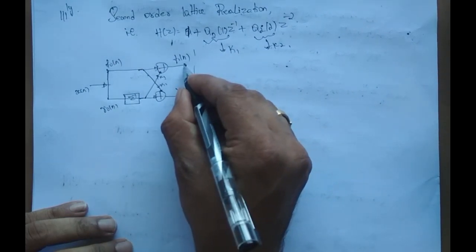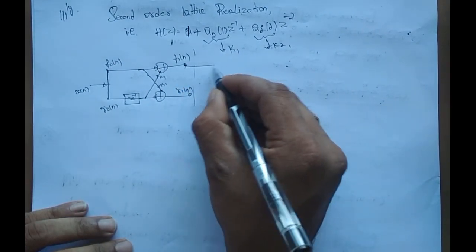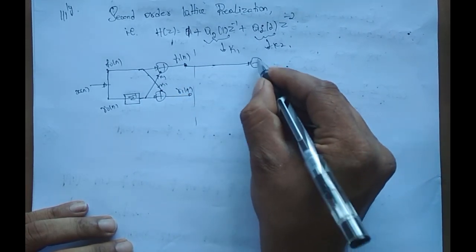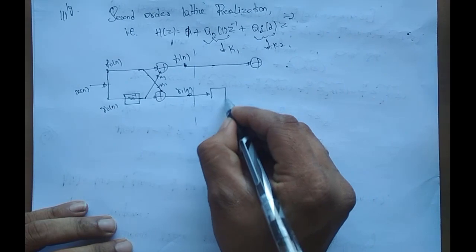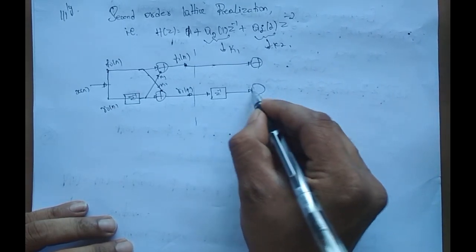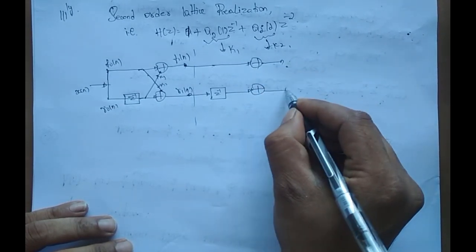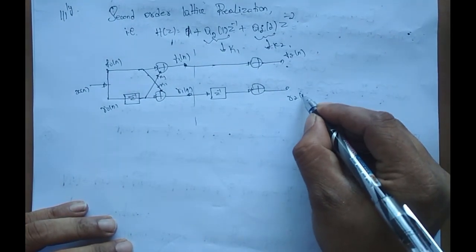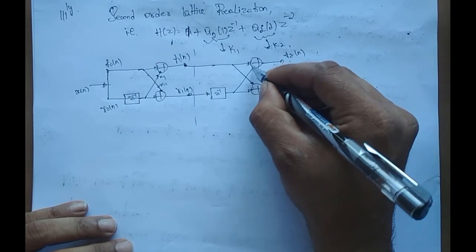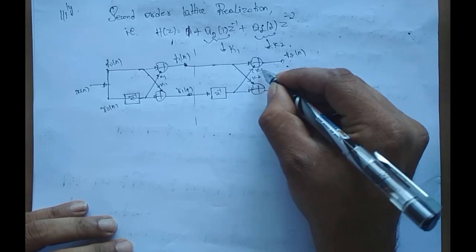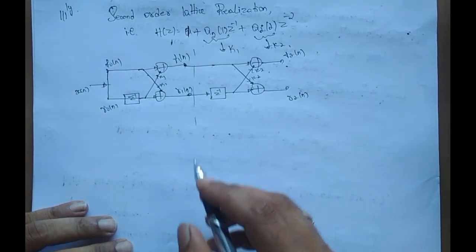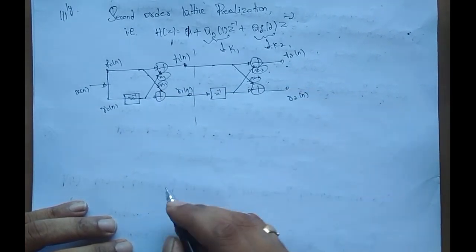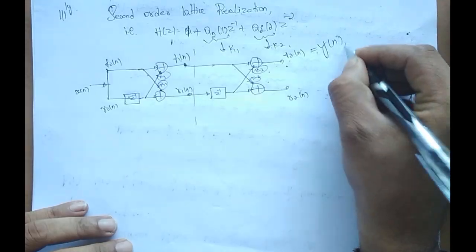The output of the first stage goes to the second stage. This is an adder here with a delay element. We get an adder here. This is f1(n), this is f2(n), and this is r2(n), and we multiply k2 as the coefficient here. So the coefficients here are k1 and k2, and this is actually our output y(n).